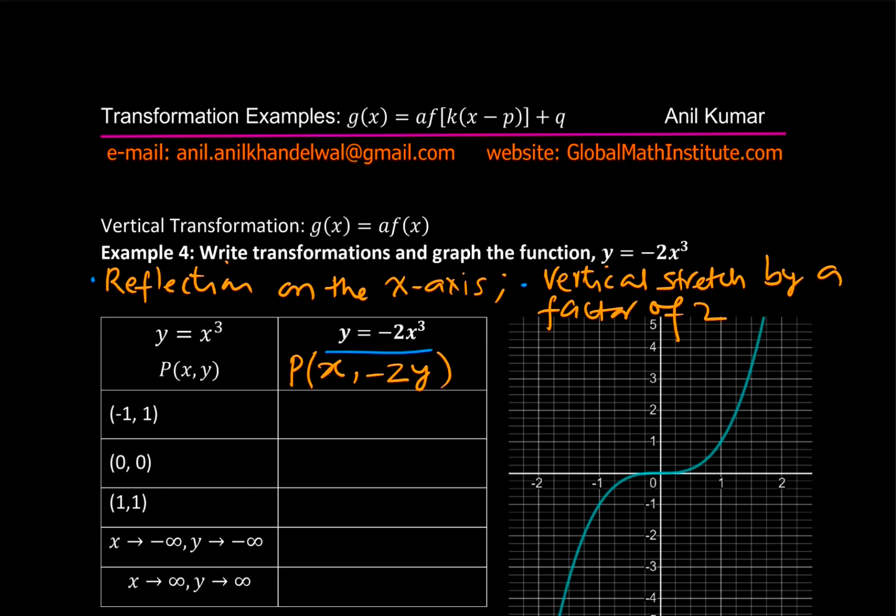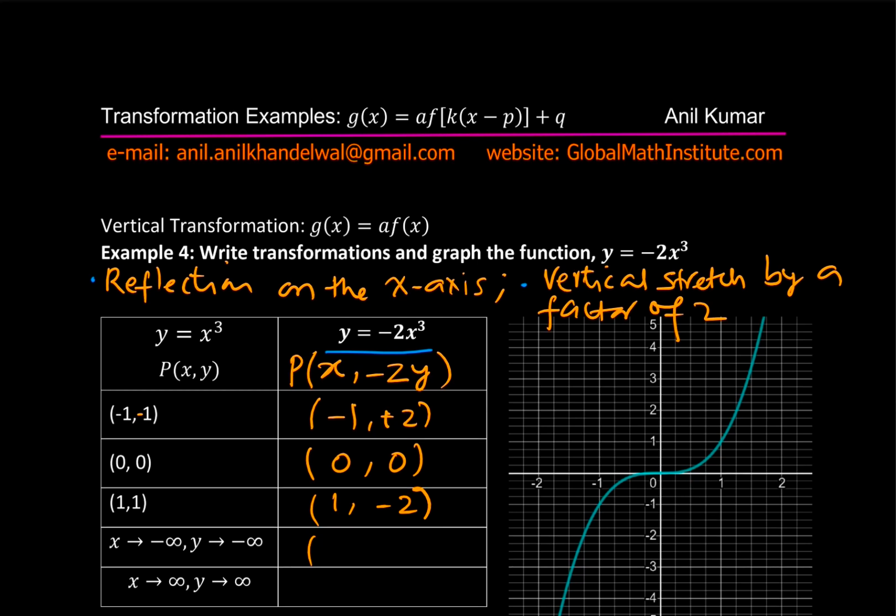Now here, you will change all the y points, correct? X remains the same. Multiply the y point by minus 2. So that is how you will write it. So 0 multiplied by anything is 0. So as far as 1 is concerned, that will become minus 2. Well, this value is wrong. It should have been minus 1, minus 1. So that becomes plus 2.